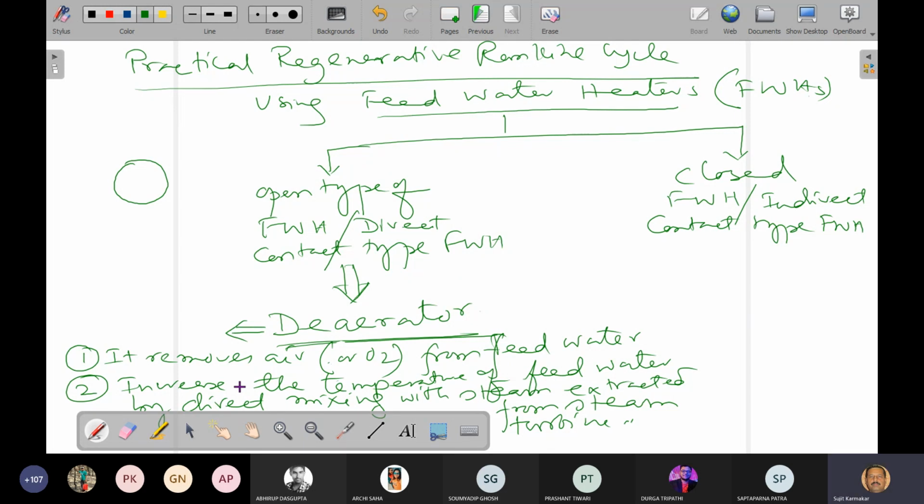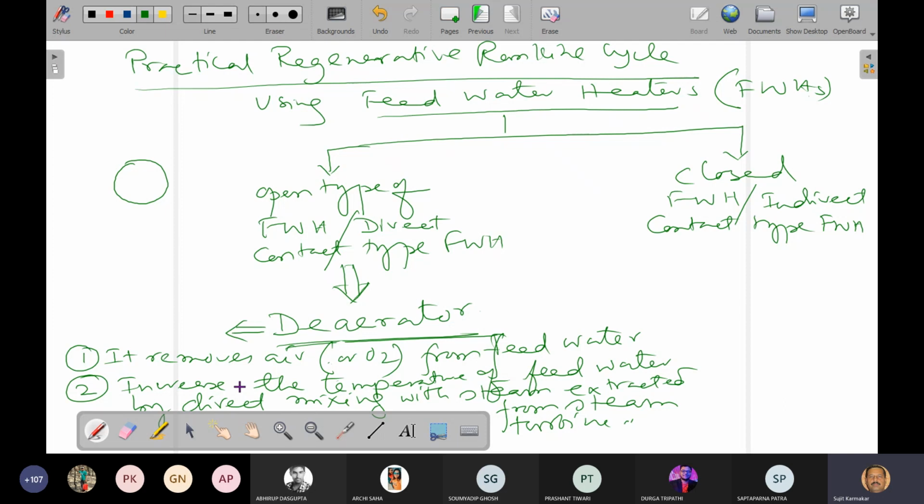From the condenser, sir. How? Because we are creating a negative pressure in the condenser. Someone raised this question.